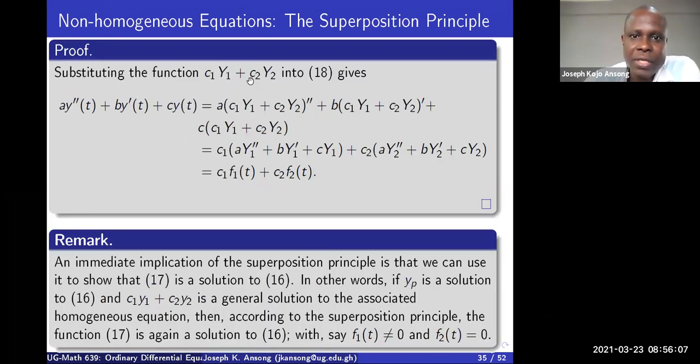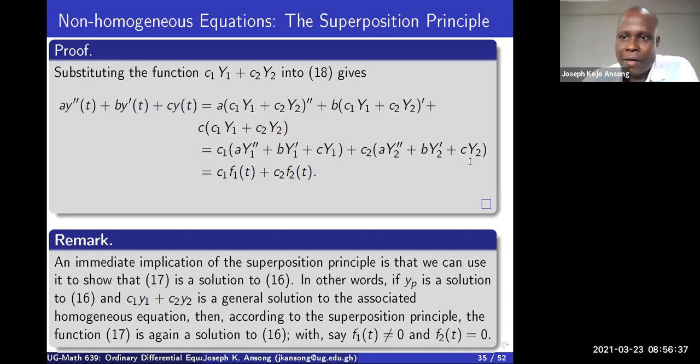So substituting this function into 18, the left-hand side is a times y'', so the second derivative of all of that, plus b times the first derivative, plus c times y, where y is given by C1 y1 plus C2 y2. I can pull out the terms with the C1, and that gives me C1 multiplied by all of this plus C2 times all of this.